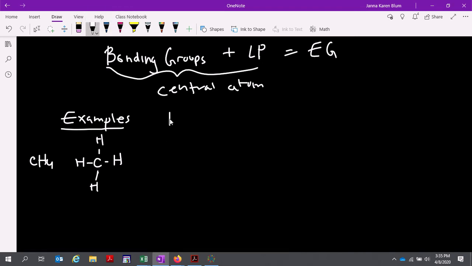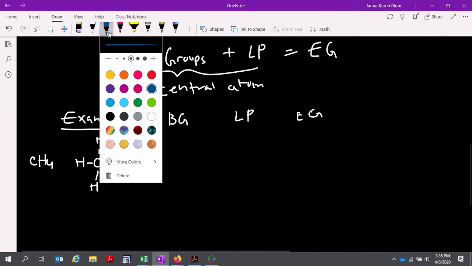So we're going to have the bonding groups, the lone pairs, and then we're going to come up with the electron groups.